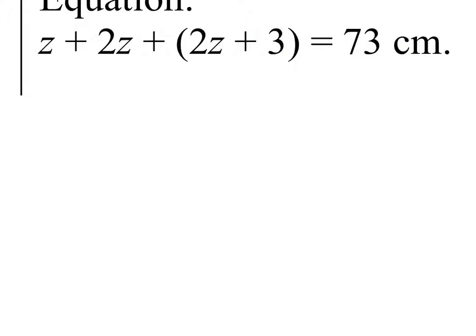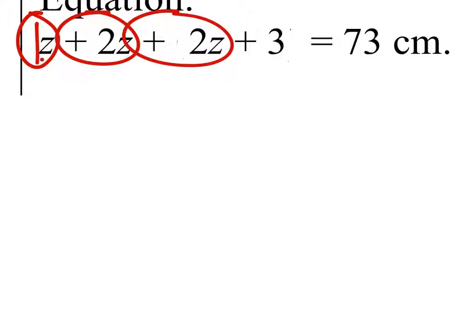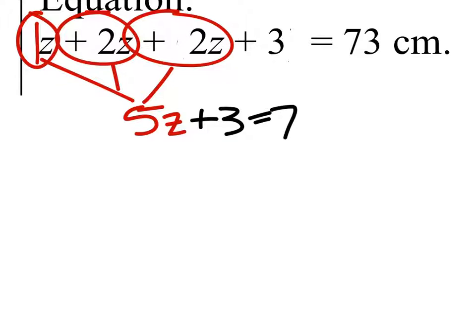So right here, combining my z's, I got 1z right here. And yes, we don't really need that set of parentheses because it's like distributing a 1 right here. So we don't need that. On the other hand, we do need the rest of this. We got 1z plus 2z's plus these other 2z's. They combine to be 5z's, plus a 3 equals 73.